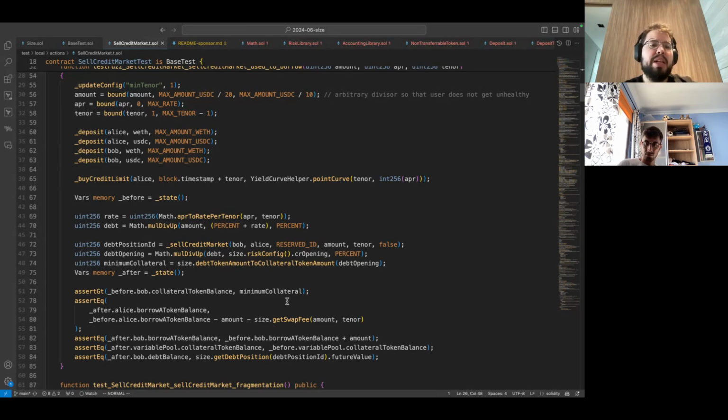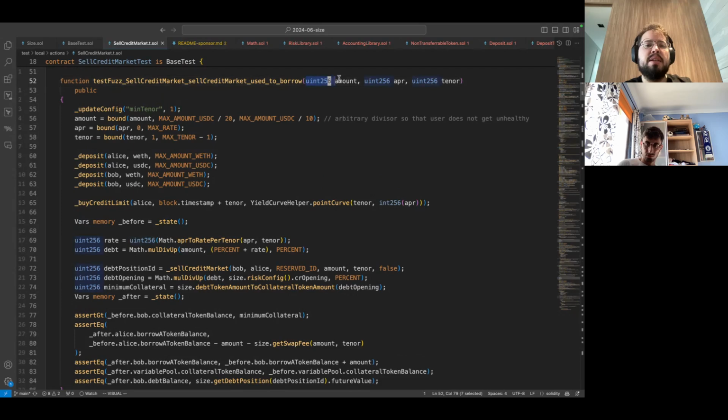But the reason we don't have that for all tests is that sometimes the input parameters may result in errors that are expected, because you are talking about input validation.